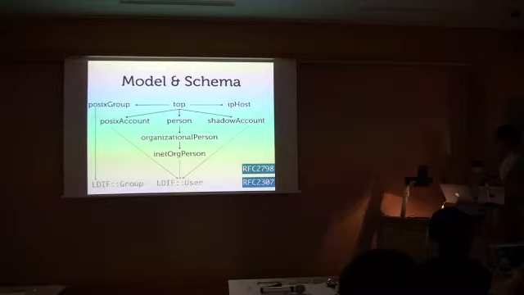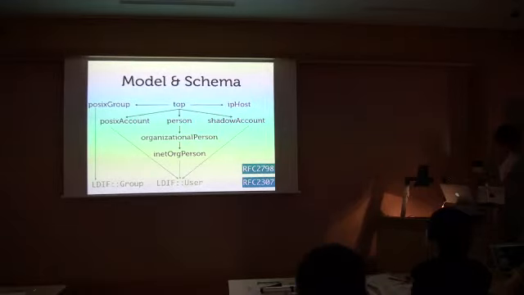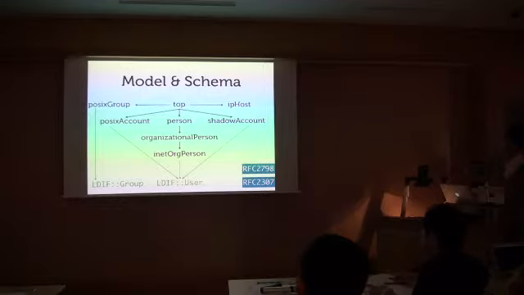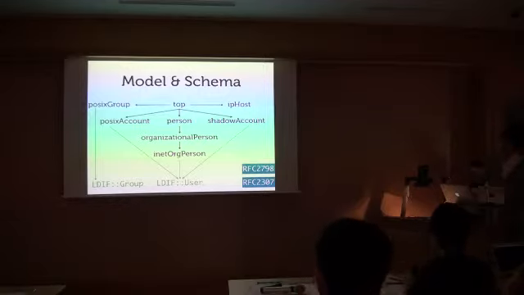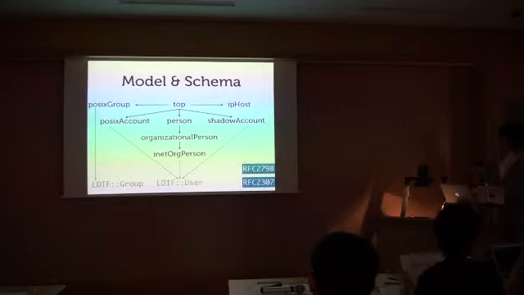Another interesting part of LDAP is the schema. Schema defines what a model is composed of. For example, LDAP users are composed of three kinds of object classes: the shadow accounts, the password accounts, and the inetOrgPerson.